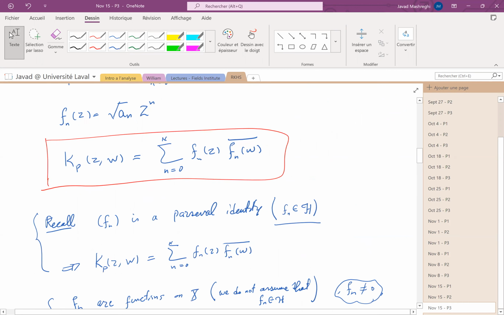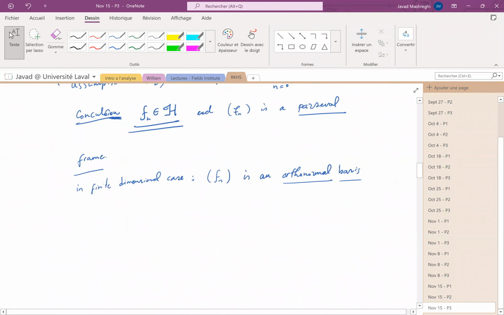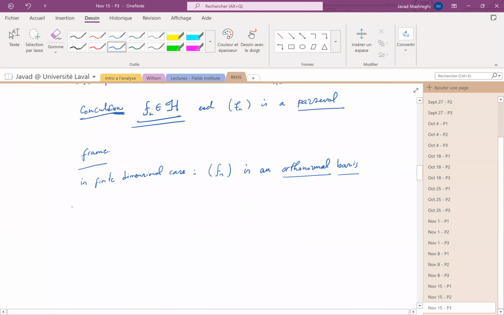We have K of P is equal to this. We do not know if Fn are in this space, but this observation, which I invite you to prove, and the proof I give a hint, is based on the theorem which I called finite controlled interpolation.